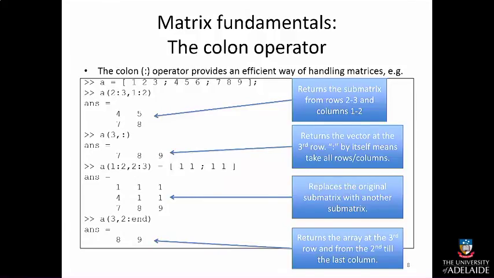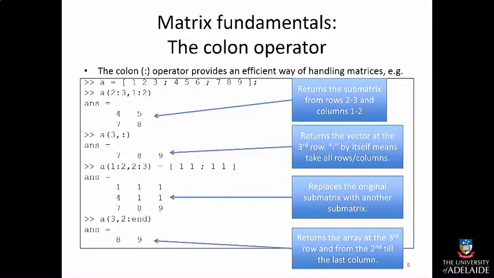Although you have a big 3 cross 3 matrix, you ignore the first row, and take columns 1 to 2. So you are interested in this part of the matrix, and you would get 4, 5, and 7, 8. So you get a small matrix out of it.